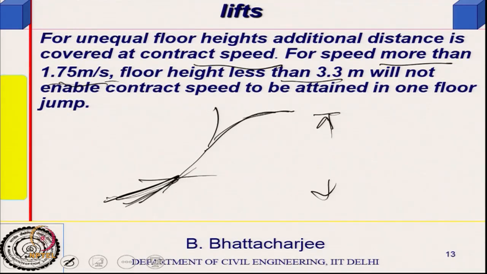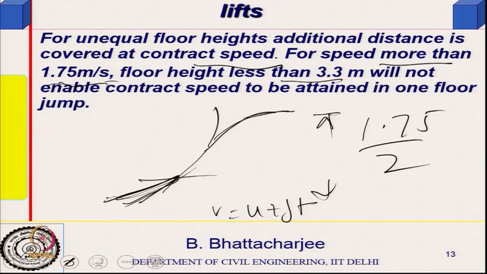Typically, if the contract speed is, let us say, 1.75 meters per second, the average velocity would be 1.75 divided by 2 during the acceleration period, because it starts from 0, and that is what is used in our v equals u plus ft formula. Basically you assume constant acceleration, and you can derive this on this basis.